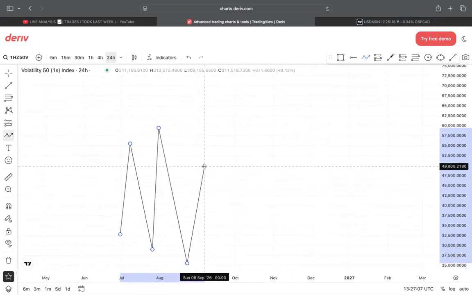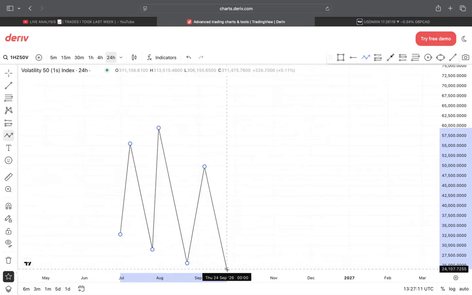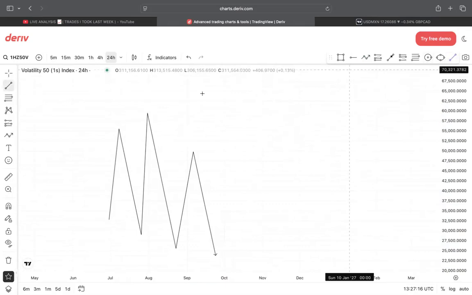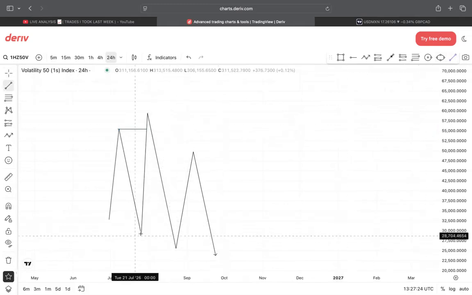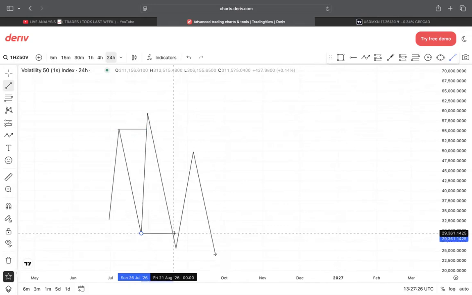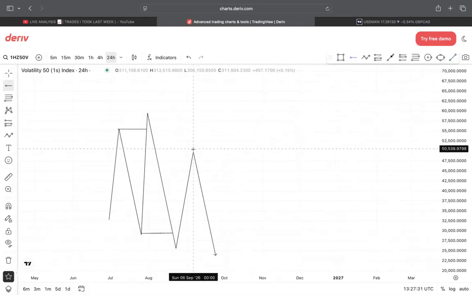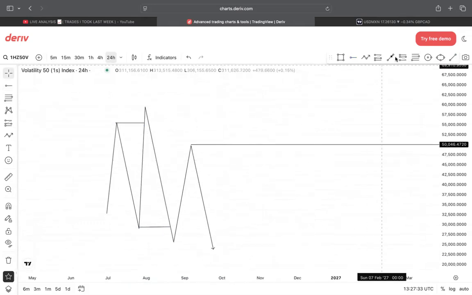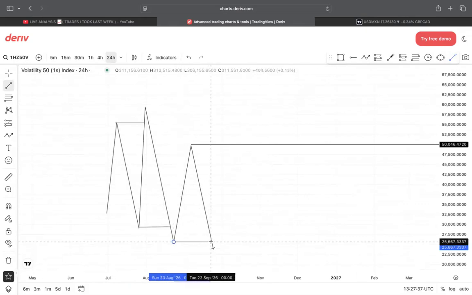And then I have structural liquidity, which is used for the continuation of the market. And then I have my second break of structure.